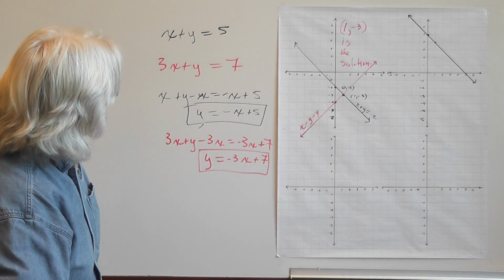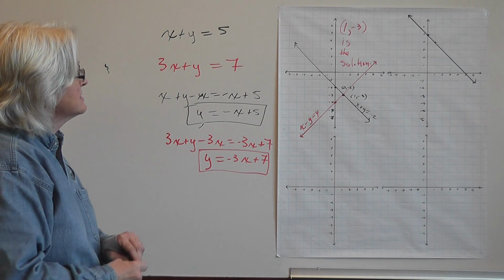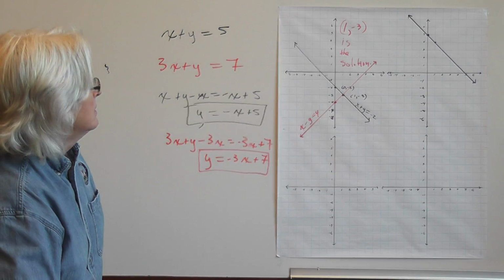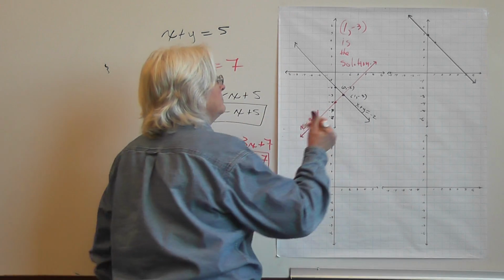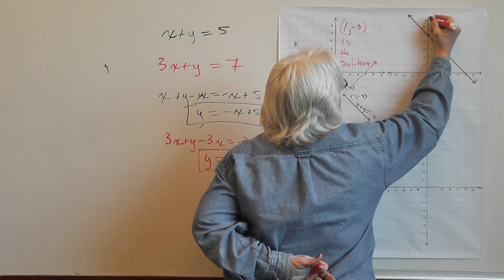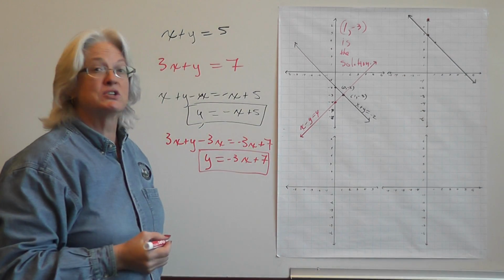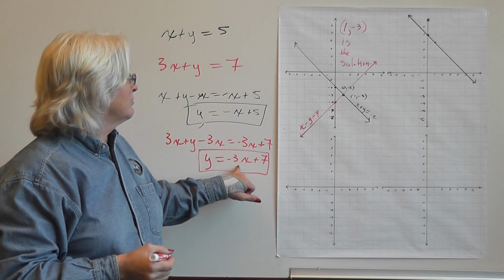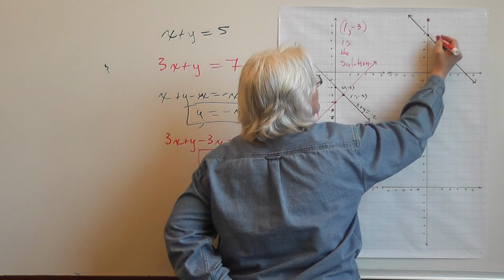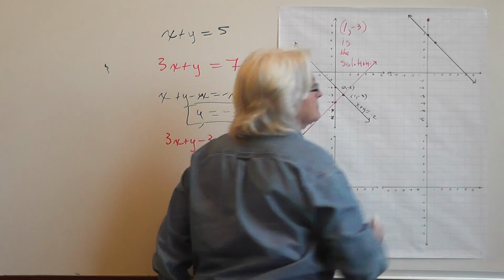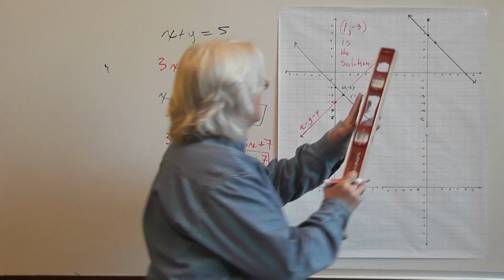Now, our second equation is y is equal to negative 3x plus 7. So the y-intercept is way up here at the top. And what's the slope? It's a much steeper line, negative 3. So we go down 3, 1, 2, 3, over 1. You already see where our intersection point is, don't you?